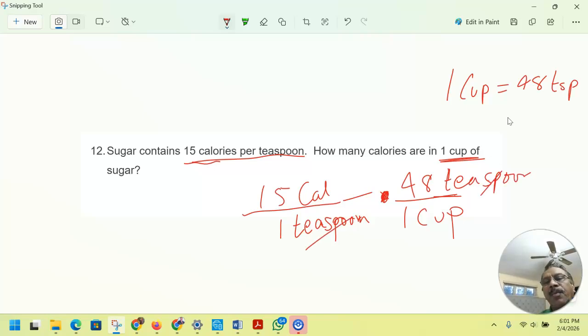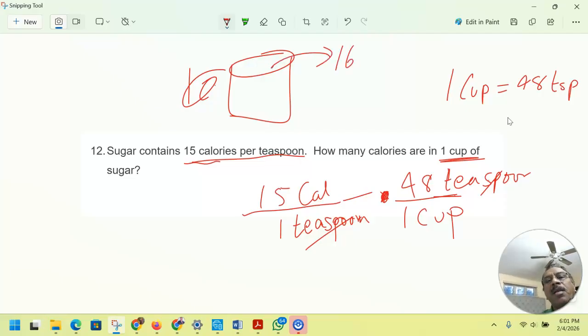You may ask how. That's because, let's see, if this is 1 cup, this 1 cup contains 16 tablespoons. So there are 16 tablespoons: 1, 2, 3, 4, 5. These are the big ones. But each of these will be small, tiny teaspoons.